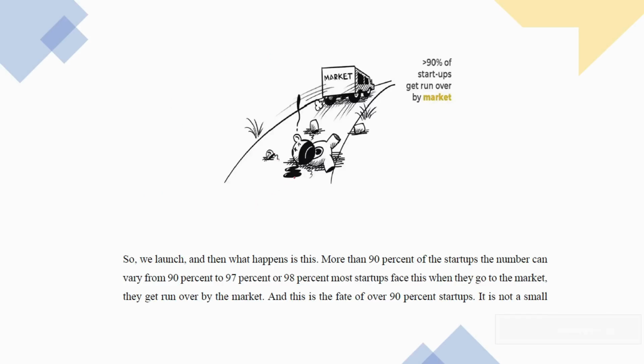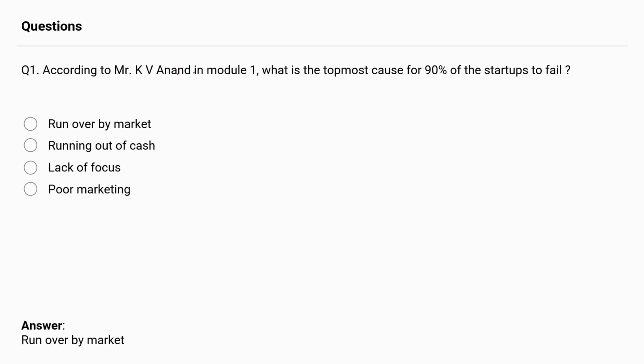If you have gone through the content, it mentions that 90% of the startups can get run over by the market. If you go further, for more than 90% of the startups, the number can vary between 97 or 98%, because of the kind of problems they face when they go to the market. So the correct answer is getting run over by market.